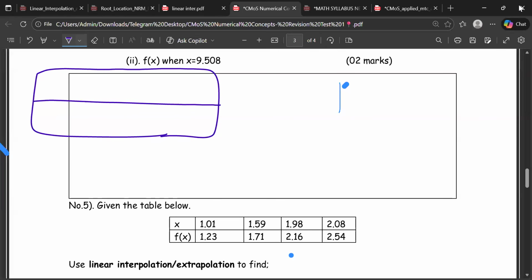You all know that what they are looking for is f of x, and they are looking for it when x is 9.508. The x value here is 9. The x value here is 10.